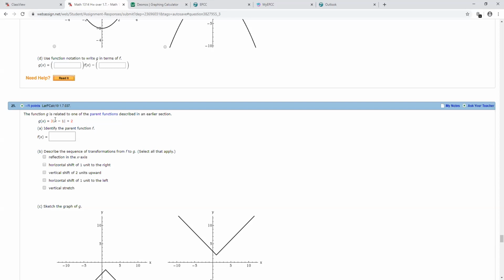Outside. So outside is, I'm sorry, vertical. Vertical, which means either the points are stretched away from the x-axis or they shrink closer to the x-axis. And so this is going to be a horizontal shift 1 to the right.